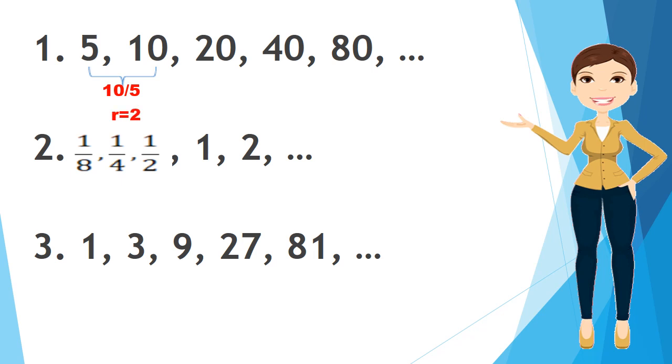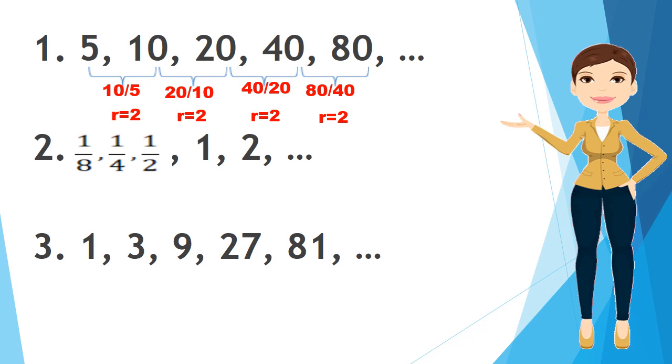The ratio is 2. 20 divided by 10. The ratio is also 2. And then 40 and 20, the ratio must also be 2. And then 80 divided by 40, the quotient is 2. So again, there is a common ratio. So since we have the common ratio of 2, we have proved that number 1 or 5, 10, 20, 40, and 80 is a geometric sequence.